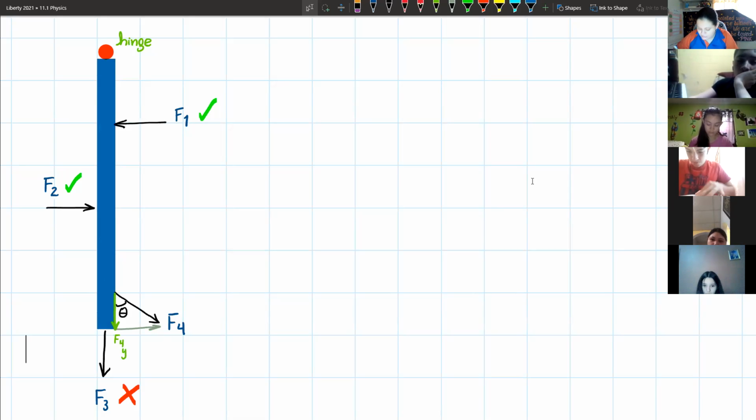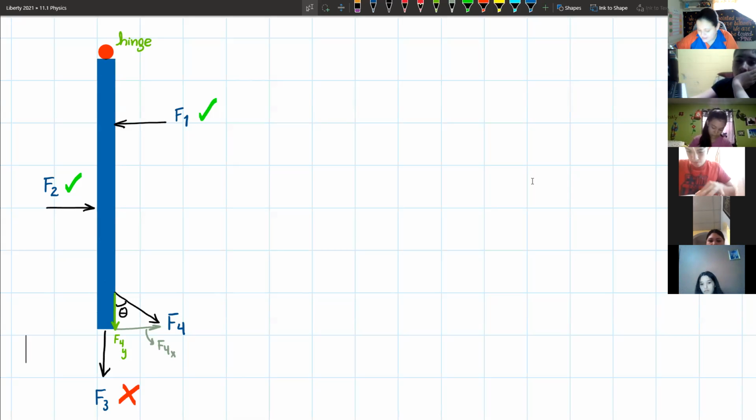Now, from the two components, which one produces torque? Y or X? X. So for Y, it's not producing a torque, but for X, it does.